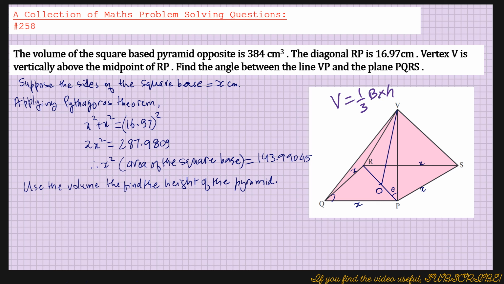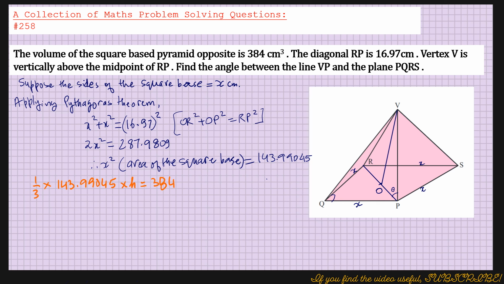So I wrote down 1/3 times 143.99045, the area of the base, times the height equals 384.